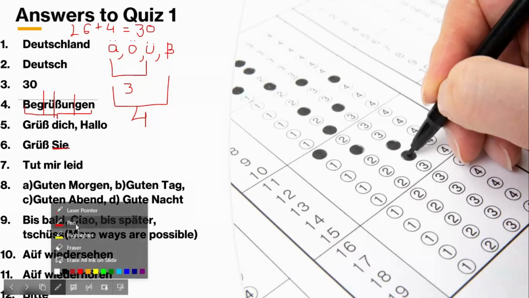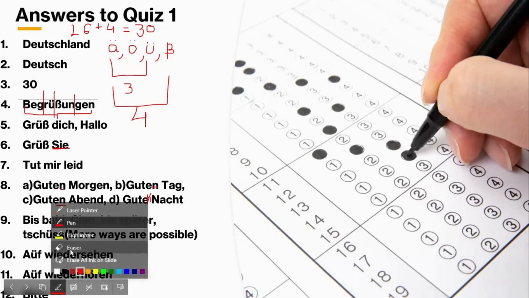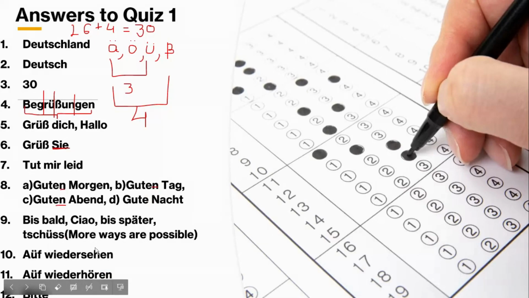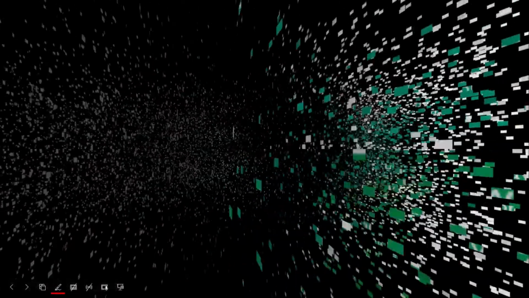So as you can see, it is Guten Morgen, Guten Tag, Guten Abend, but it is not Guten Nacht. Why? It has a reason: since Nacht is feminine, it will only be Gute Nacht. If you write Guten Nacht, that would be wrong. Okay, let's have a look at the next question.